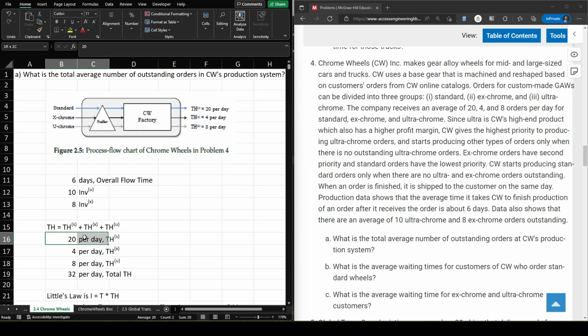So our throughput for standard Chrome is 20 per day. Our throughput for X Chrome is 4, and our throughput for Ultra is 8. And in order to compute a total throughput for a single day, we're going to simply add the throughput for those 3 individual products.